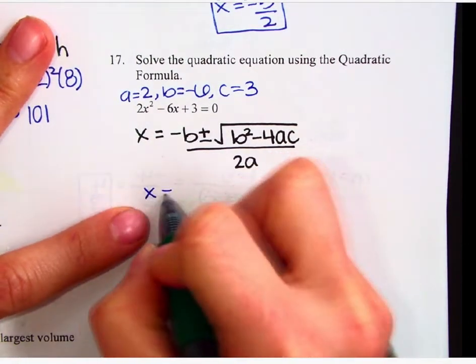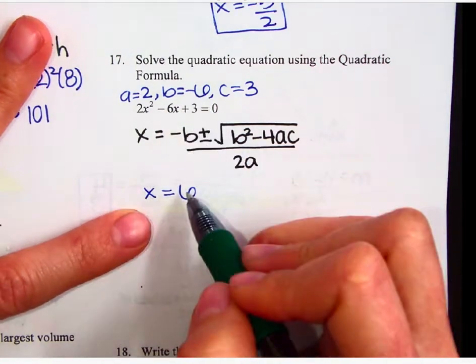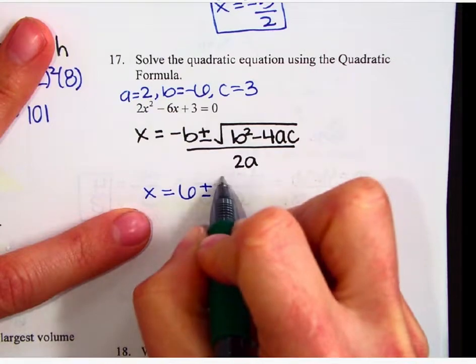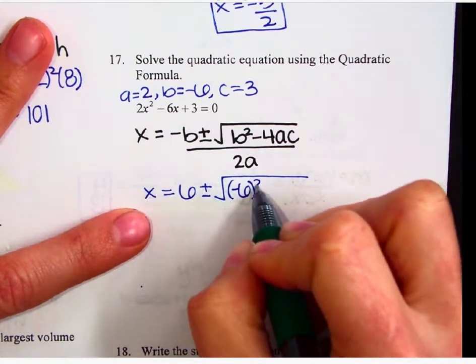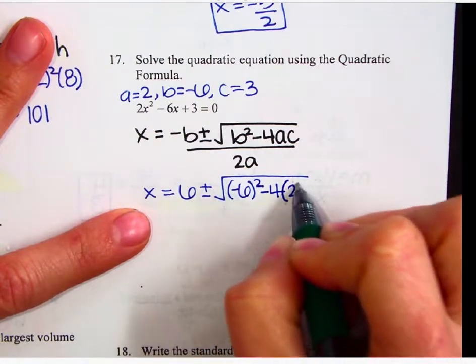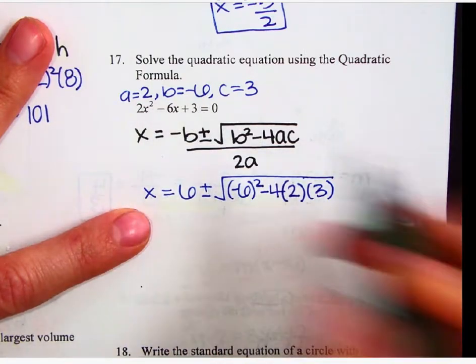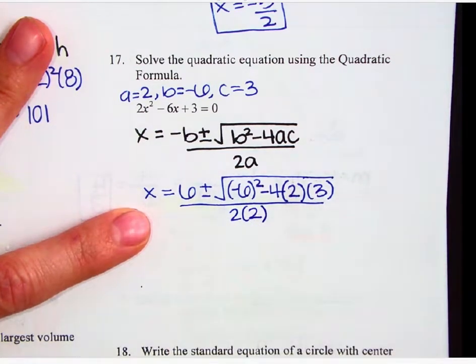So x is equal to opposite b, or negative b, means we take negative 6, change the sign, or do the opposite. Plus or minus the square root of b squared, so we have negative 6 squared, minus 4 times a times c. So again, I'm just plugging in these numbers. All of this divided by 2 times a.